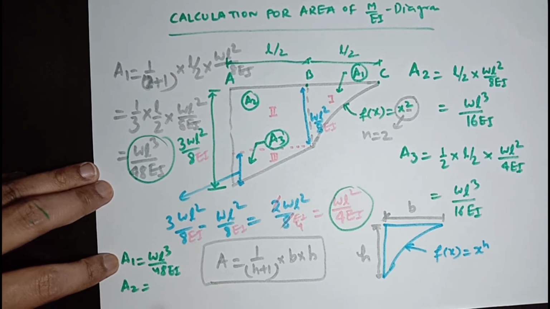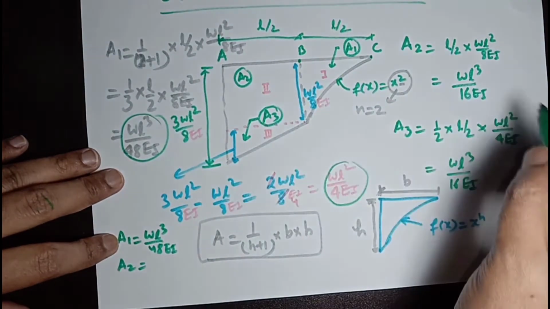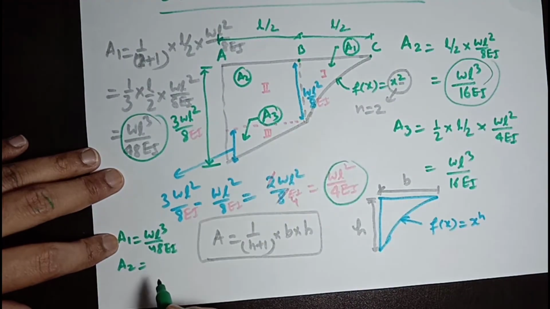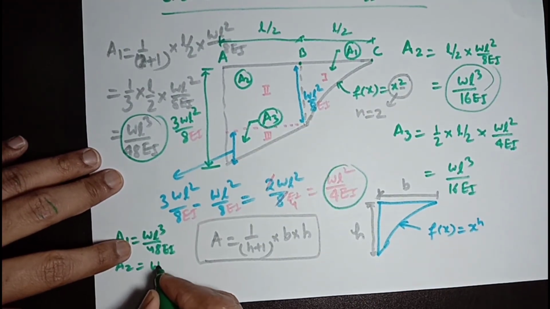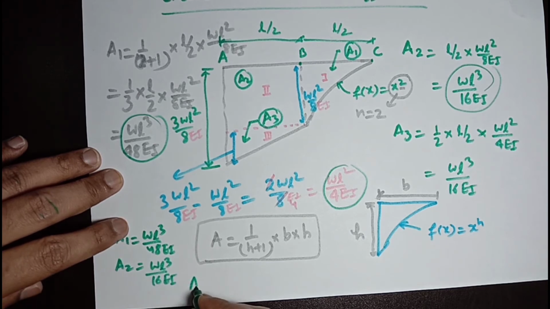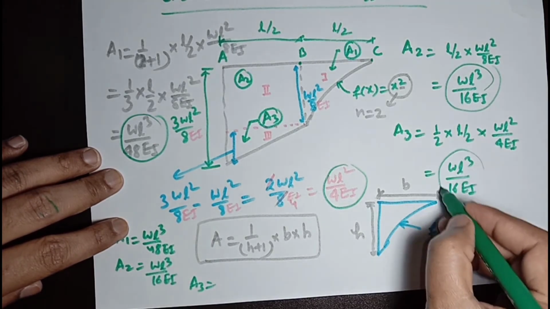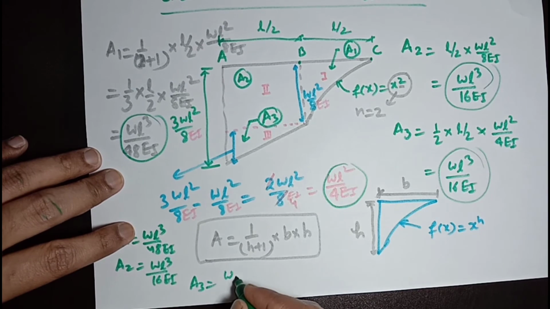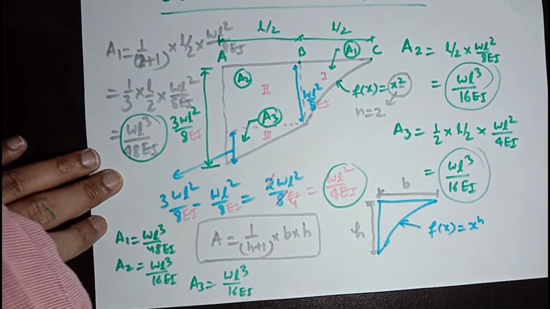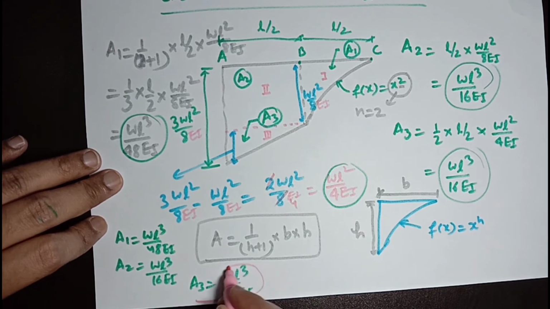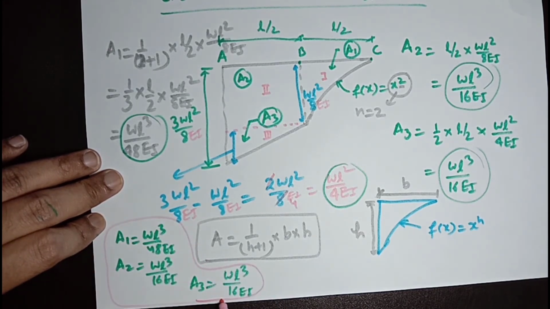A2 is WL cube divided by 16 EI, and A3 is the same, WL cube divided by 16 EI. Now I am done with the calculation for area of this M over EI diagram.